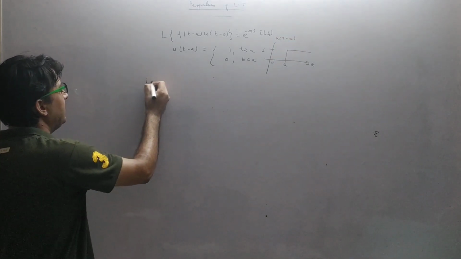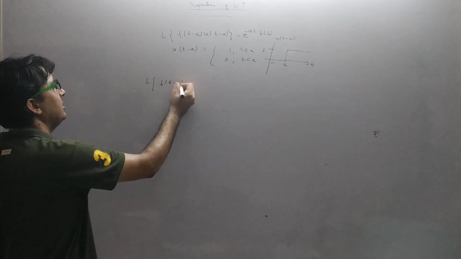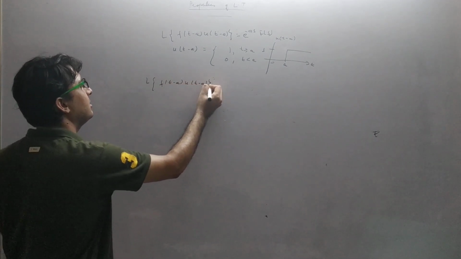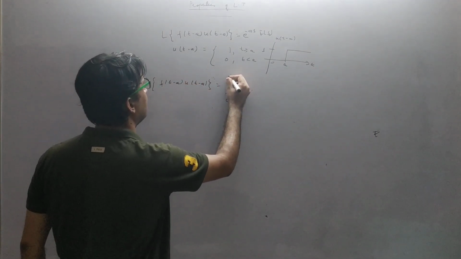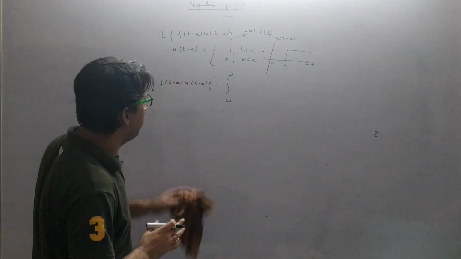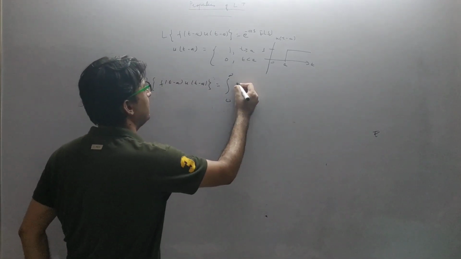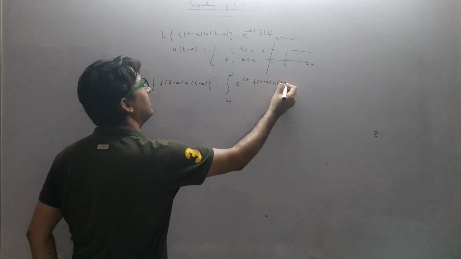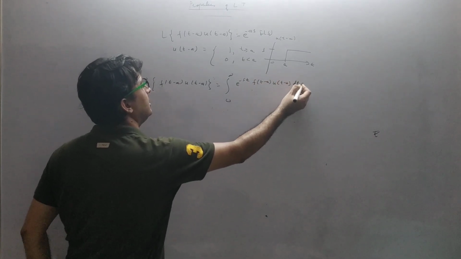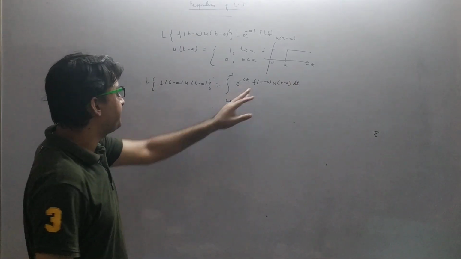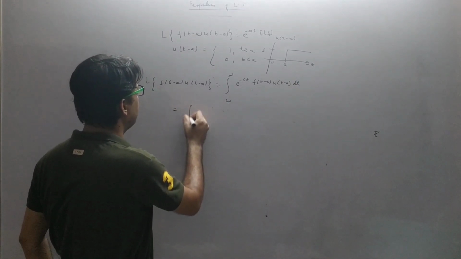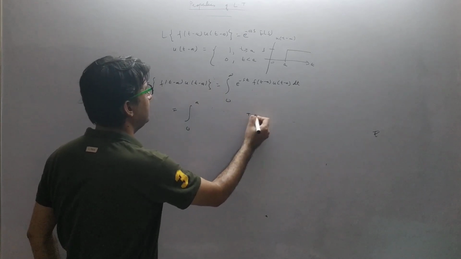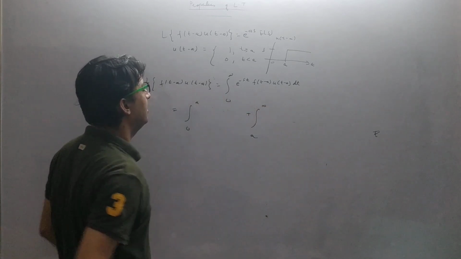So what is the Laplace transform of f(t minus a) u(t minus a)? We put it into the equation. What is that equation? The integral of e to the power minus st f(t minus a) u(t minus a) dt. Alright. Now we will bifurcate it from 0 to a and a to infinity.